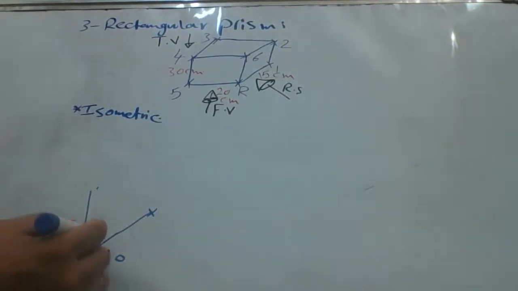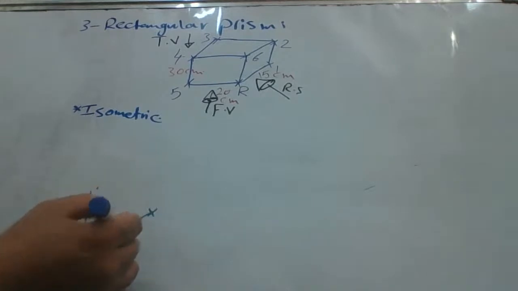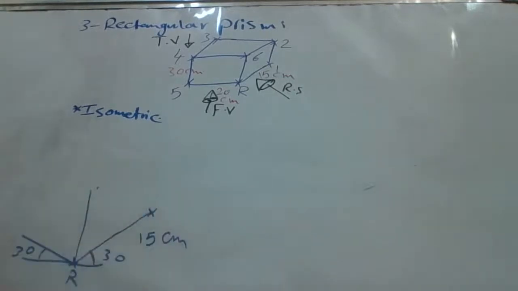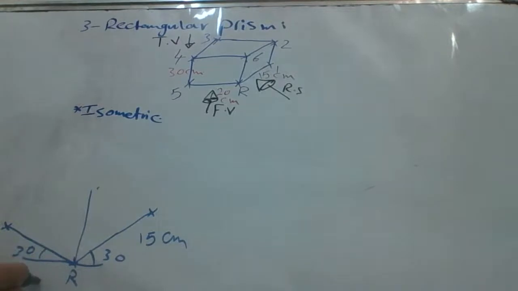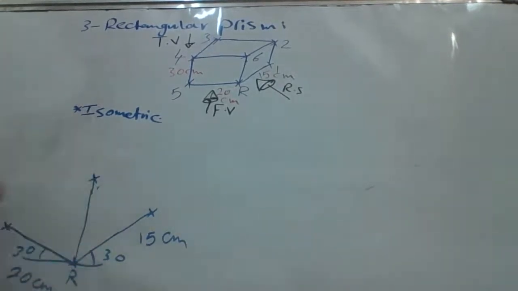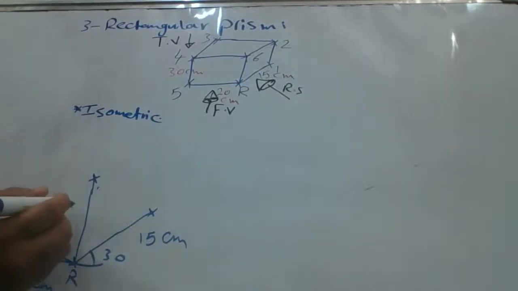Now we take the longest length of the right side view, which means 15 centimeter, and here we also take the longest length of the front view, 20 centimeter, and we take the longest height of the prism, about 30 centimeter.